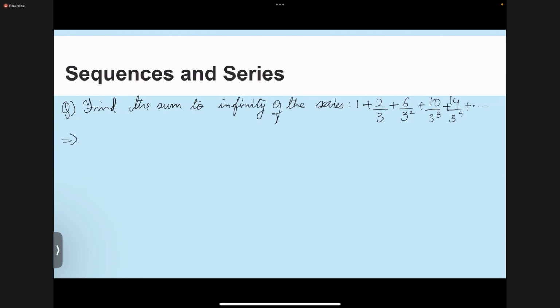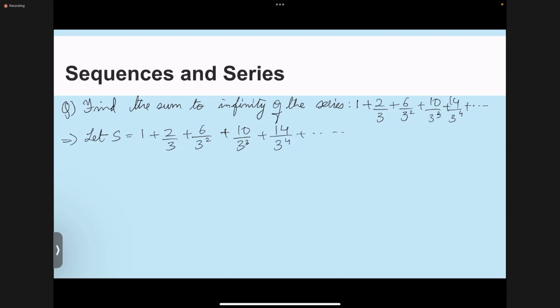So we can say let S be the sum. So S equals 1 plus 2 by 3 plus 6 by 3 squared plus 10 by 3 cube plus 14 by 3 raised to 4. Okay.